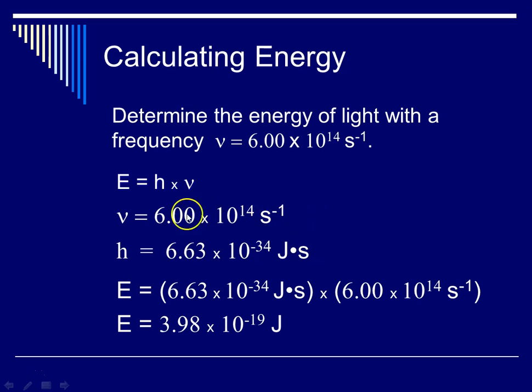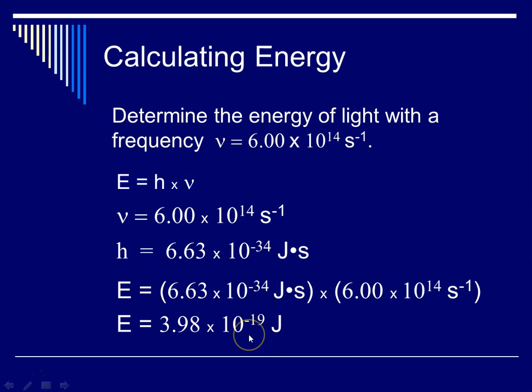And E is going to be that Planck's constant times our frequency, and joules times seconds times 1 over seconds. So seconds is going to cancel out, and that leaves us with joules for our unit, and joules are the appropriate unit for energy. And we've calculated that the E here is equal to 3.98 times 10 to the minus 19th joules.